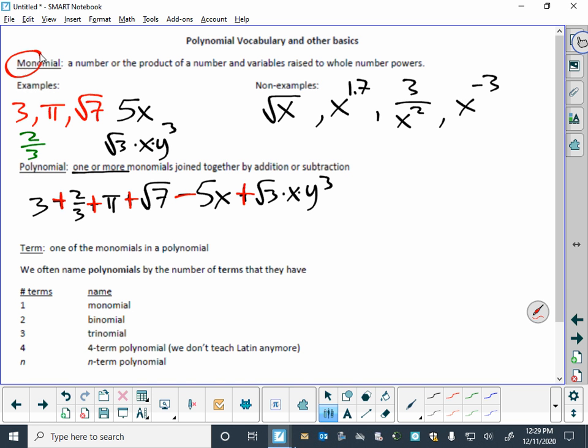Now, I could do some simplifying here. These individual pieces that are separated are called terms. Any one of the monomials in a polynomial is referred to as a term of that polynomial.